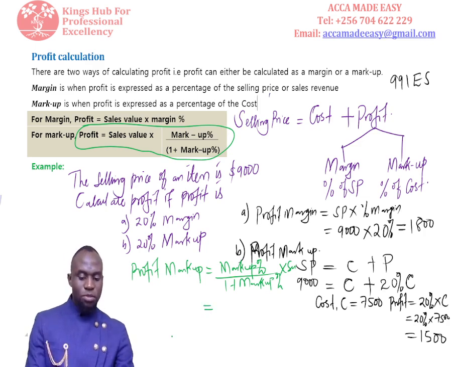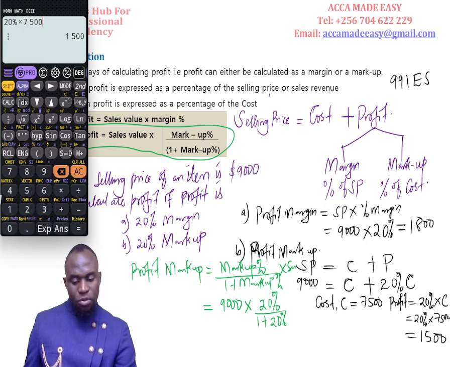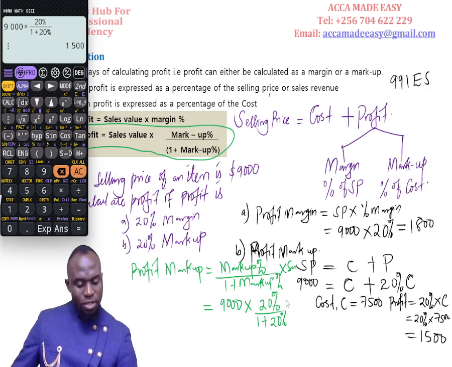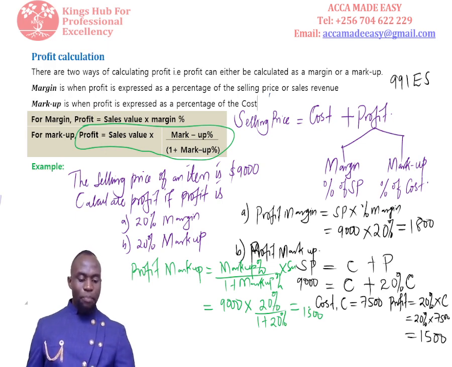So the sales value is given, it is 9,000, times markup percentage 20% divided by 1 plus 20%. If I use my 991 ES calculator, I just put it in directly: the fraction, 20% shift, then I go down, 1 plus 20%, shift percentage. So you see, I still get the same answer, which is 1,500 as the profit under the markup.